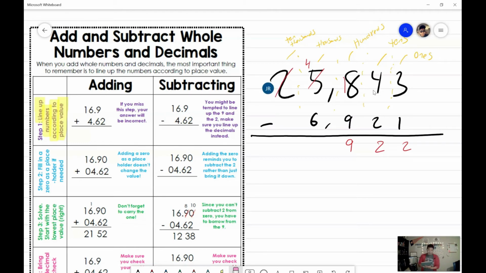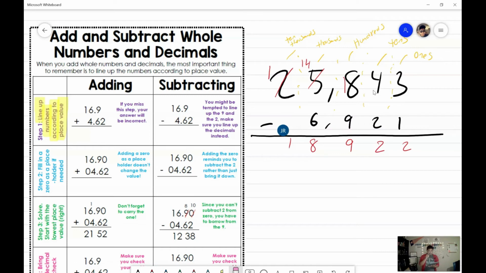So 2 turns into 1. And now 4 turns into 14. Okay? So can I subtract 6 from 14? Yes, you can. I have enough fingers now. Alright? So what is that? 14 minus 6 is 8. Good job. And now bring down the 1 because there's nothing to subtract by.